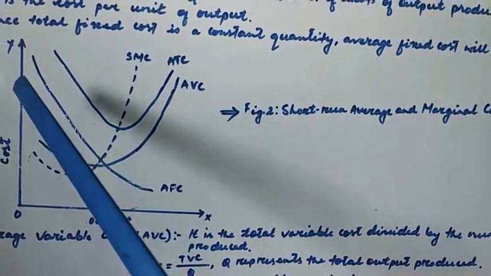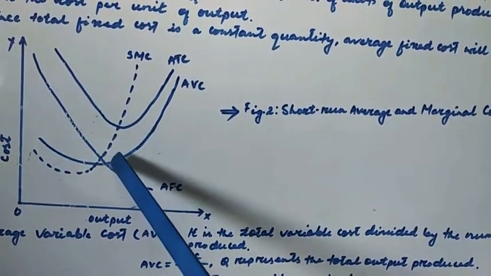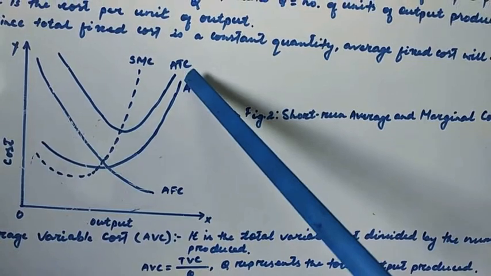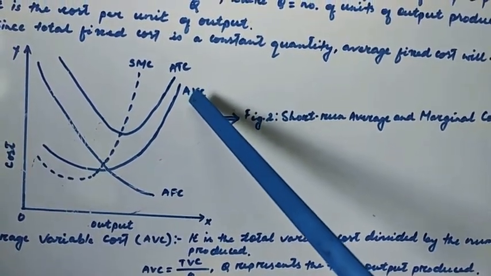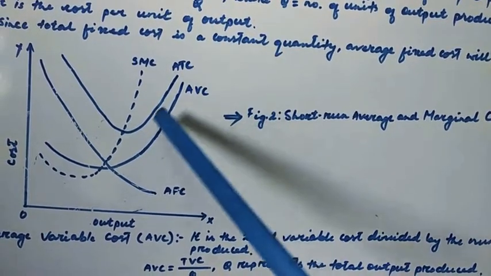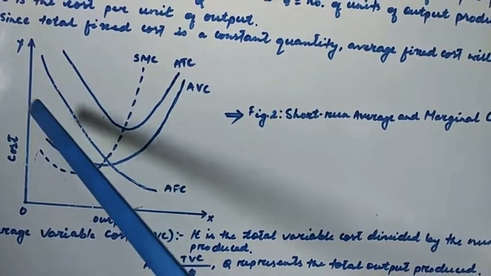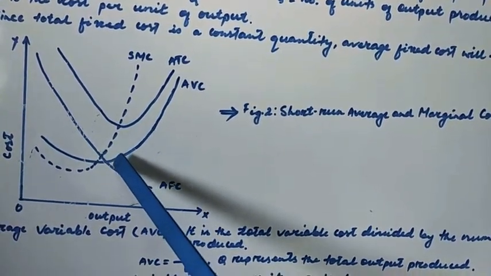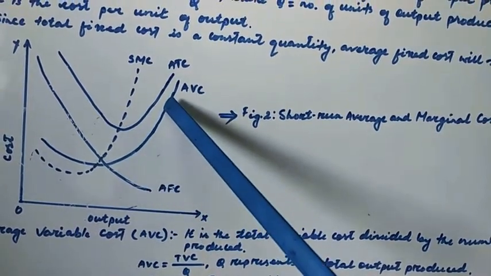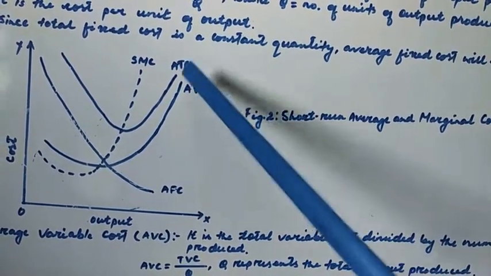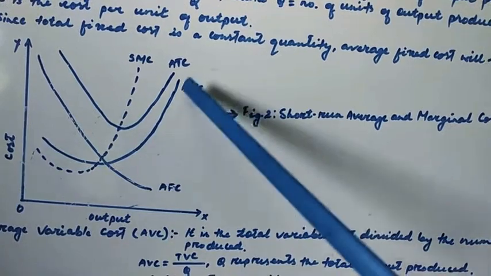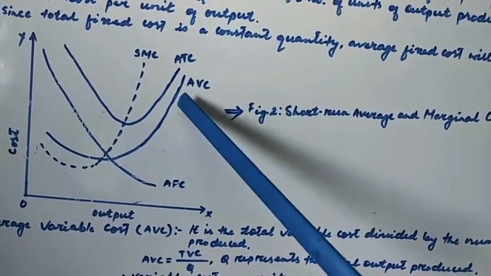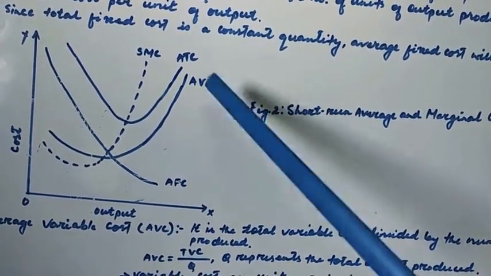So in the first phase it falls, and in the second phase it rises steeply. The fall happens because of the increasing returns, and the steep rise occurs due to the operation of the decreasing returns. So those are the two phases that we see in the average variable cost curve.